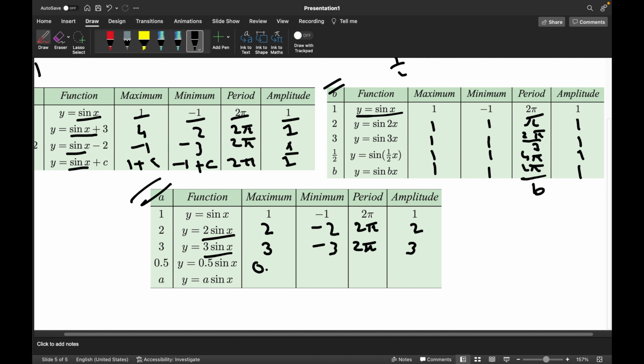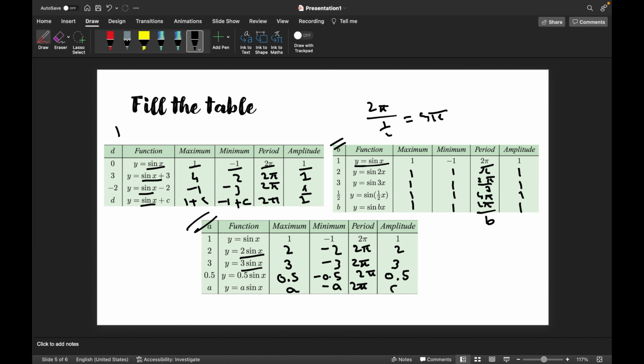And then maximum would be 0.5, minus 0.5, and 0.5. This would be a, minus a, 2 pi, and amplitude is a. So now we've filled the table.